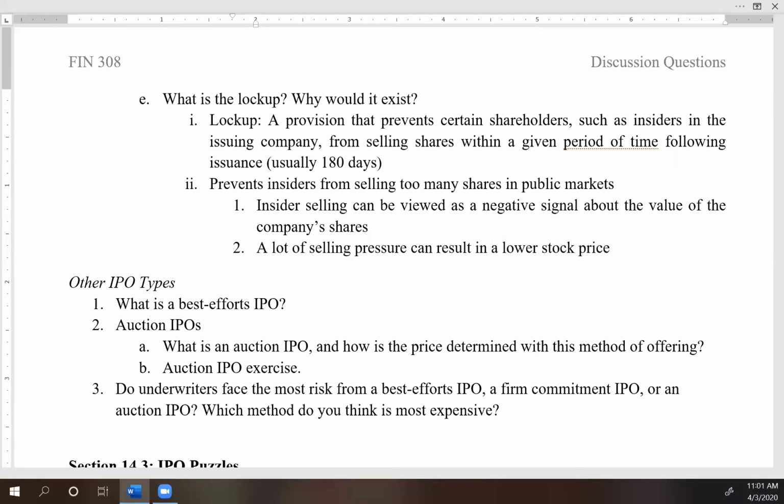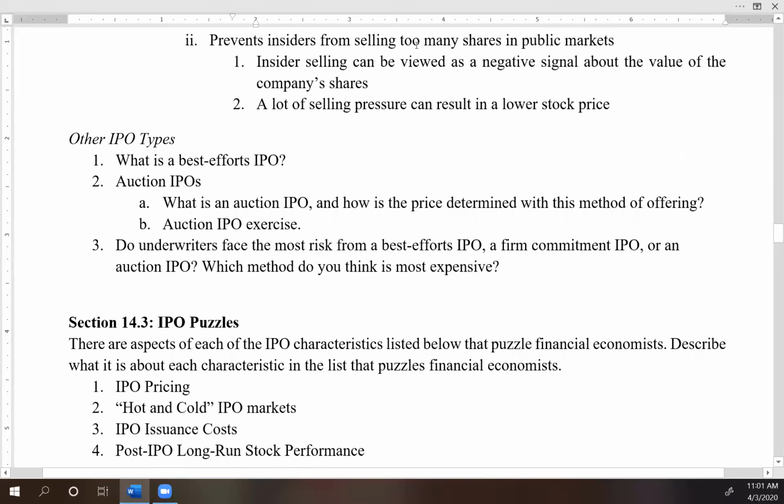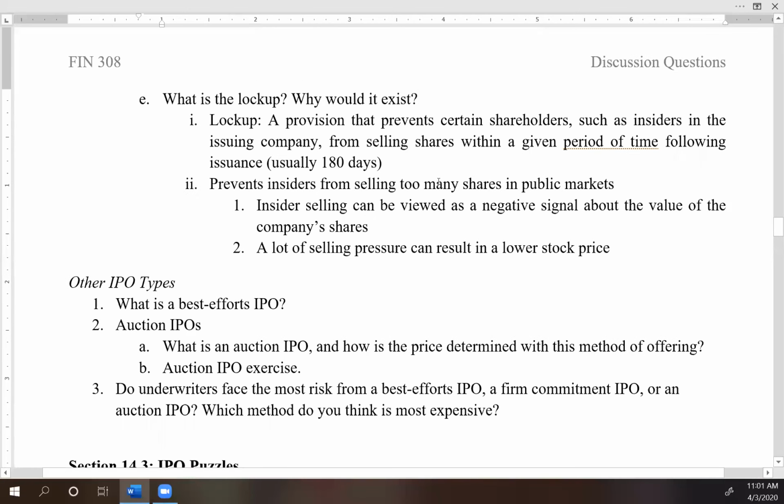And so you want to make sure that in this IPO process, the value of the stock is preserved. So in the end, that lockup can help make sure that shares are being priced properly by markets. You don't have any negative signals by insiders, and you don't have any excess selling pressure to drop the company's share price right after they first went public.